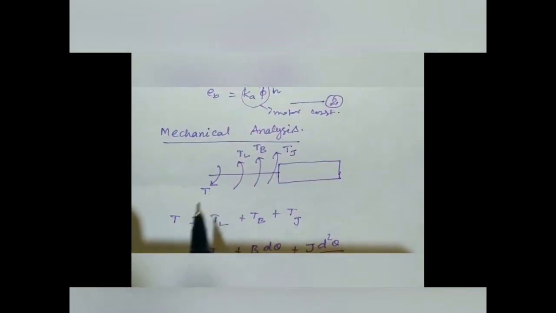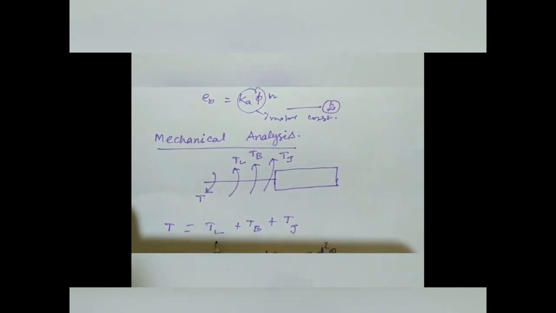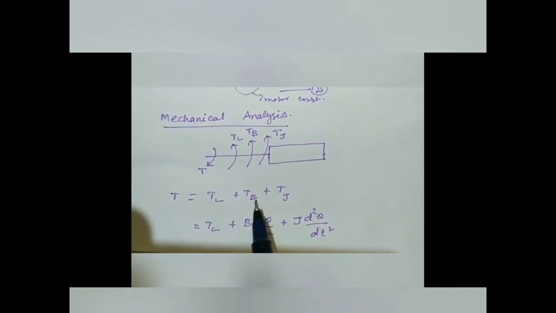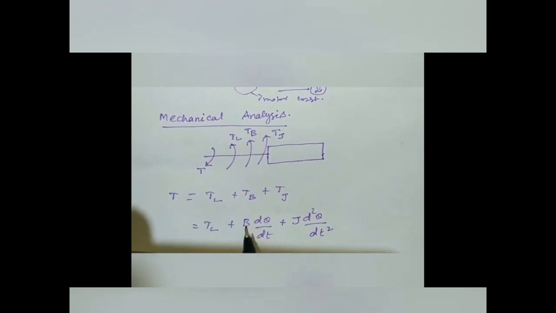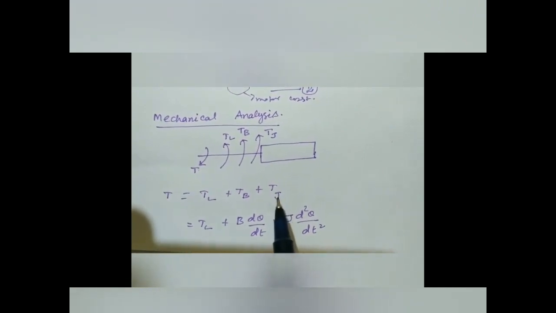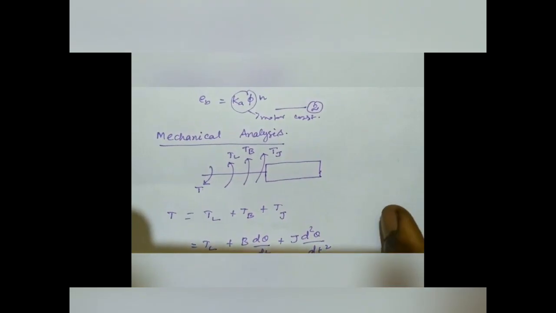So the applied torque is opposed by three torques: TL, Tb, and Tj. TL is as it is. The frictional torque we can write as P into d theta by dt, and the moment of inertia torque as J into d square theta by dt square.